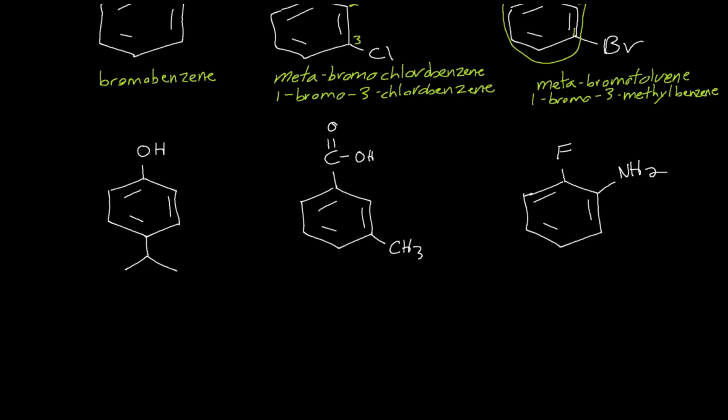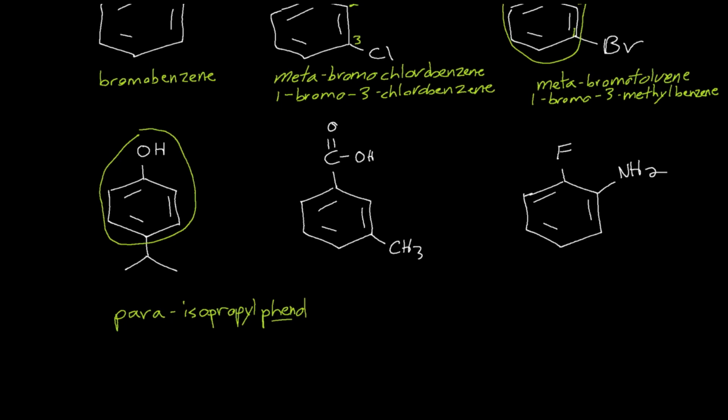Again, looking for parent compounds hidden within. The parent compound here is phenol. So this is para-isopropyl phenol. Going back to our alkyl substituent names. So you use the parent name if you see it in there.